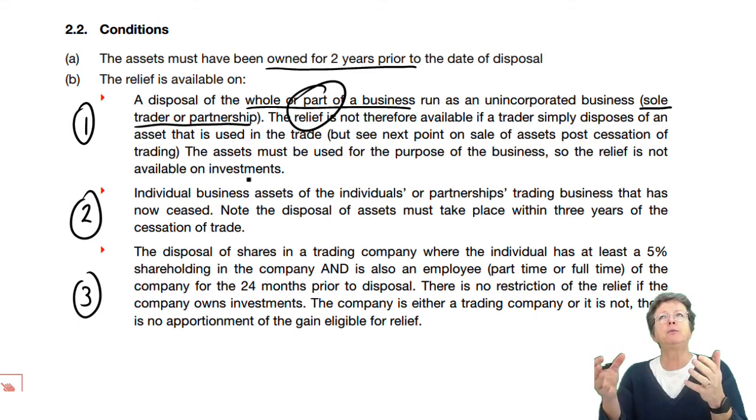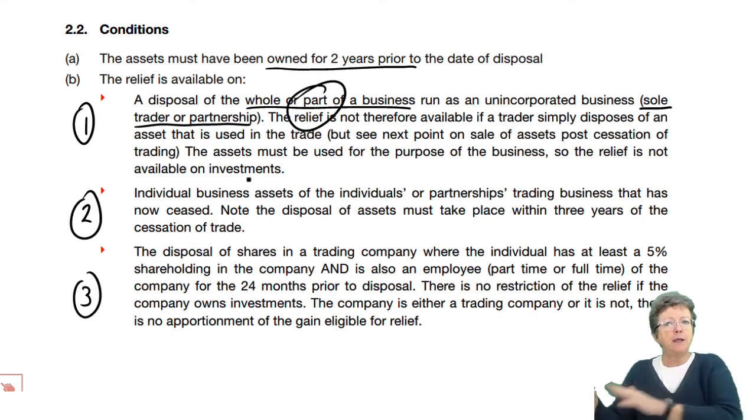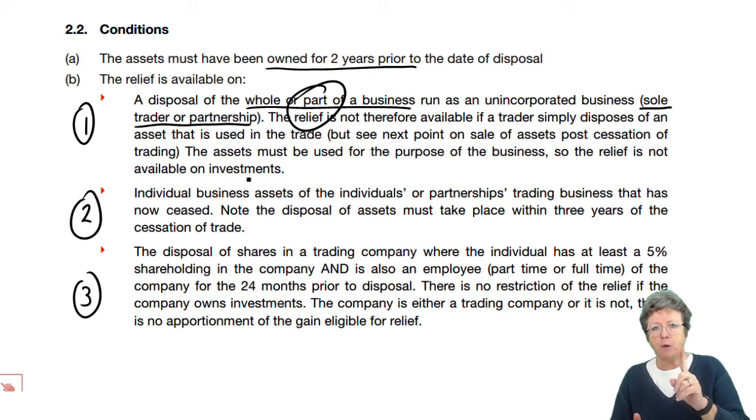But say, for example, you owned 3 shoe shops and you sold one of the shoe shops, that's capable of functioning on its own. Therefore, you sold part of the business. So that's what we mean by part. So that's the first one. Whole or part of a business that you've owned for 2 years.